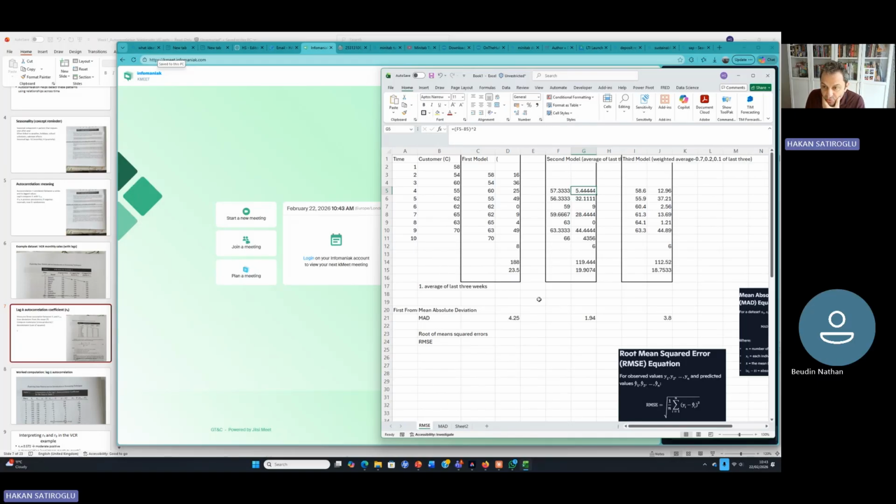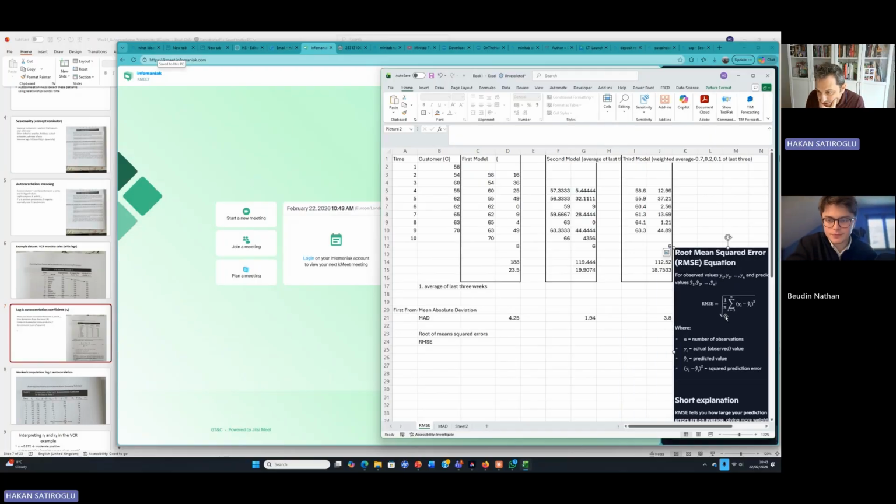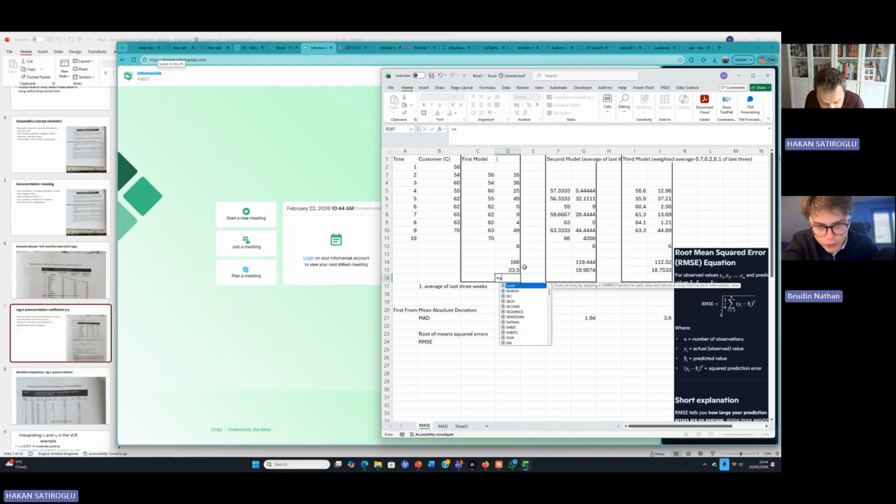Okay, this is the root square one. Now we came up to this bit, we divide it by n, but we are going to get the square root of this value. SQRT, I think, isn't it?